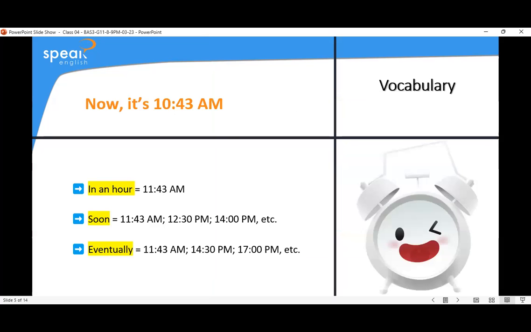Now, let's begin with the time expressions that are important for us. Let's pretend that now it's 10:43 a.m. That is the time right now.